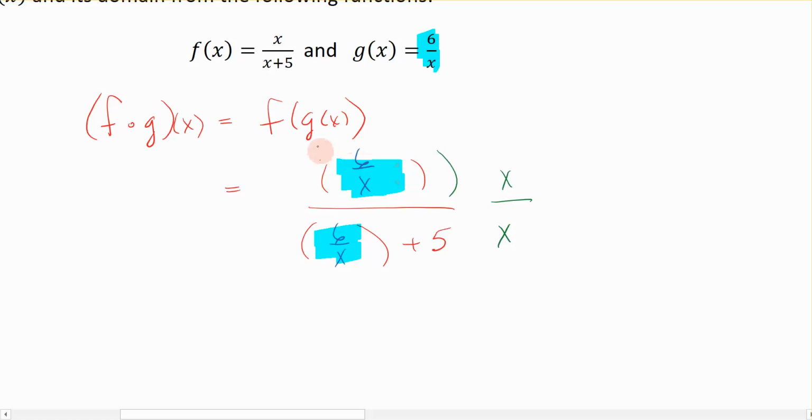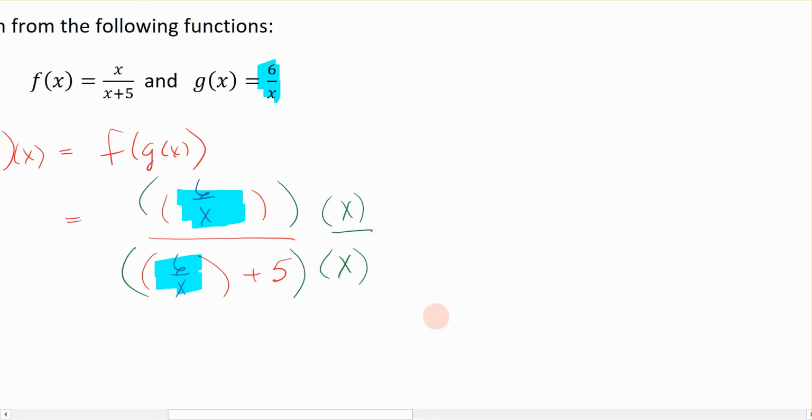Okay, so I would multiply this and this by x over x, because that's like 1. Well, when I multiply x times 6 over x, I'm going to show you what we're doing over here on the side: 6 over x times x over 1. So this x became x over 1.